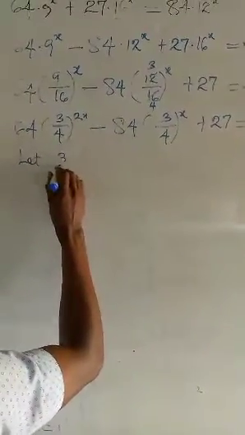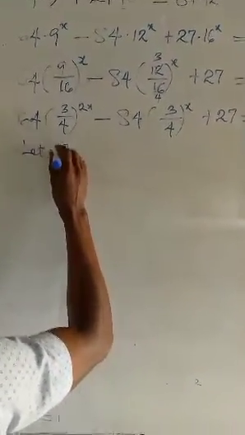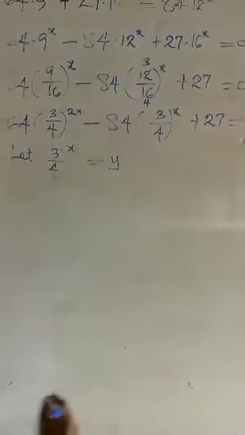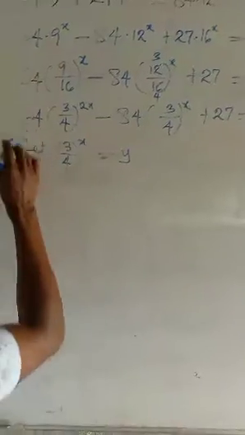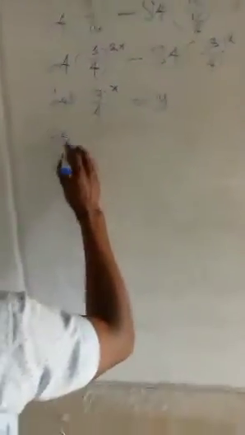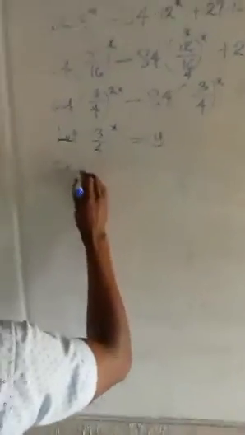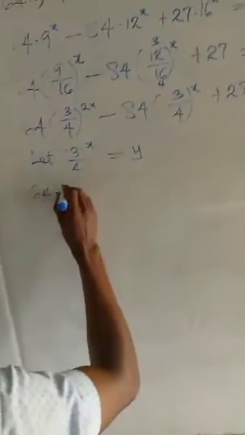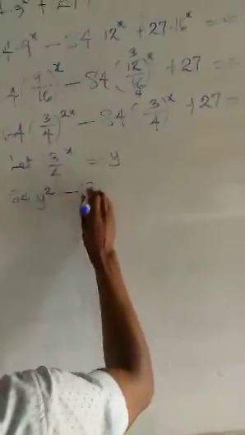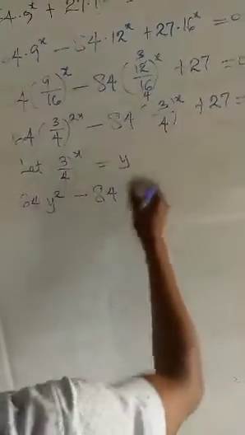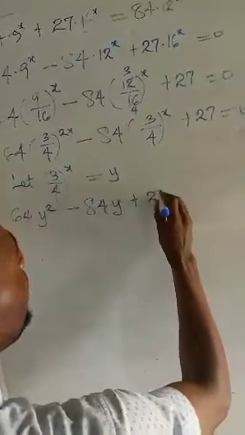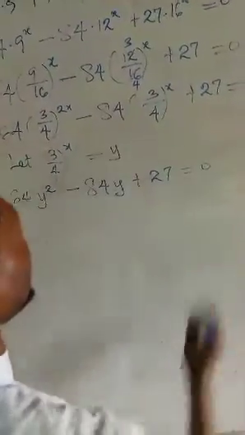So let's say, let 3 over 4 raised to power x be y. So we can write this equation as 64 y squared minus 84 y plus 27 equals to 0.